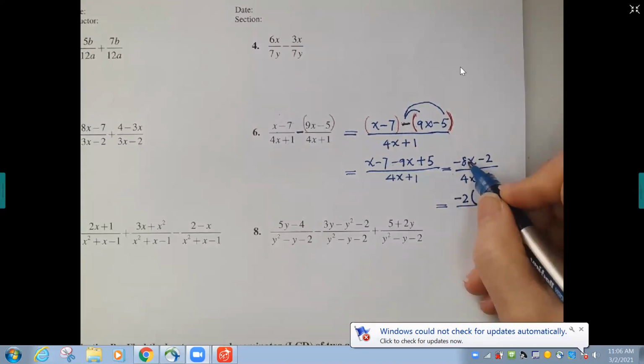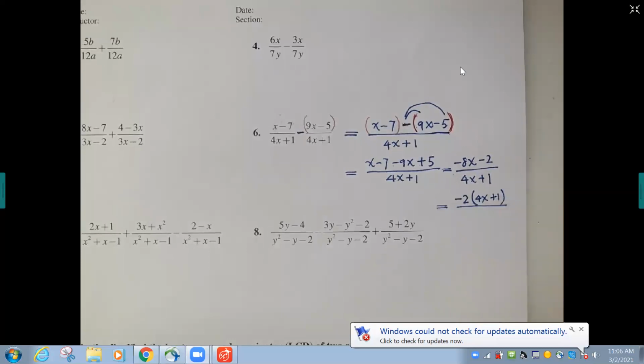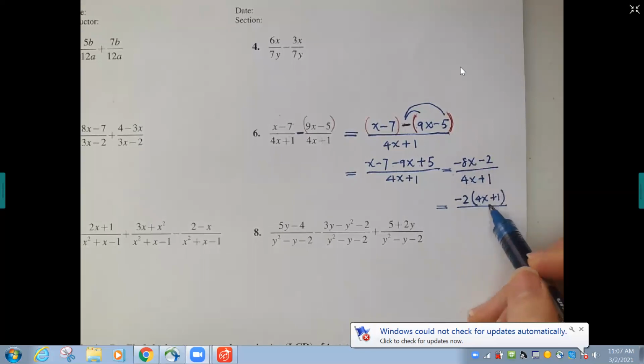Negative 8x divided by negative 2, that's 4x. Negative 2 divided by negative 2, that's 1. So the leftover, the quotient, goes into the parentheses. So divide every term by the GCF. Then we'll have a parenthesis here, over 4x plus 1.